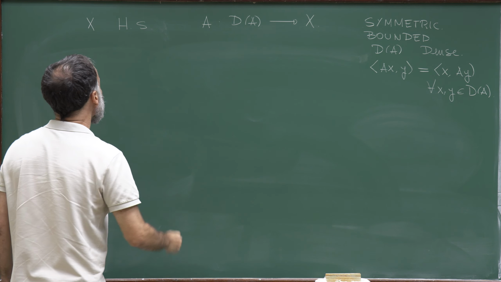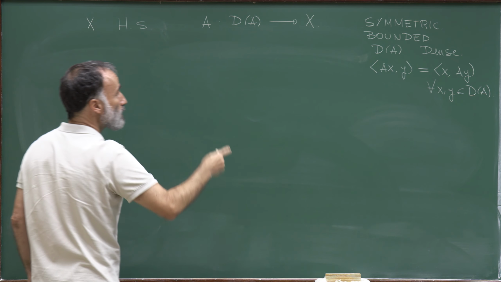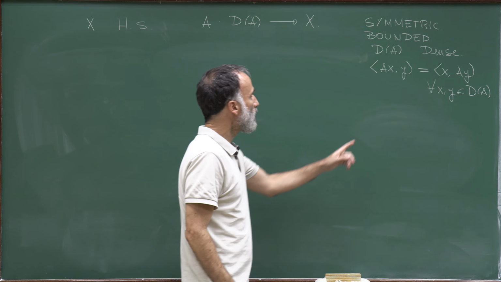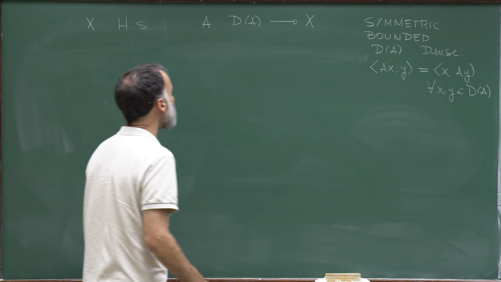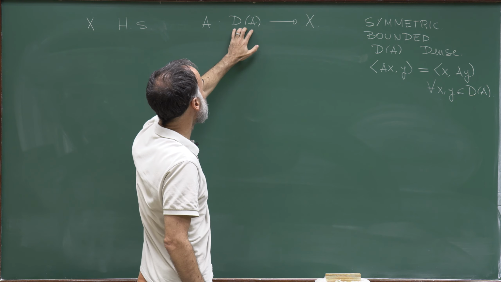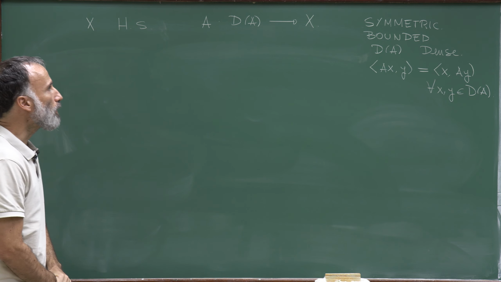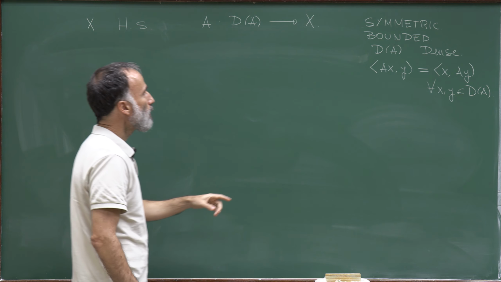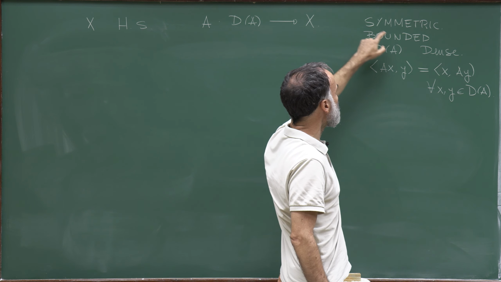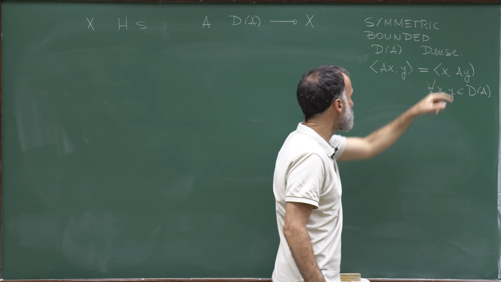Well, since A is bounded, this means that we can extend A to the whole space. A is defined in principle on a domain, which might be different from X. But by assuming that A is symmetric, we know that this domain is dense.